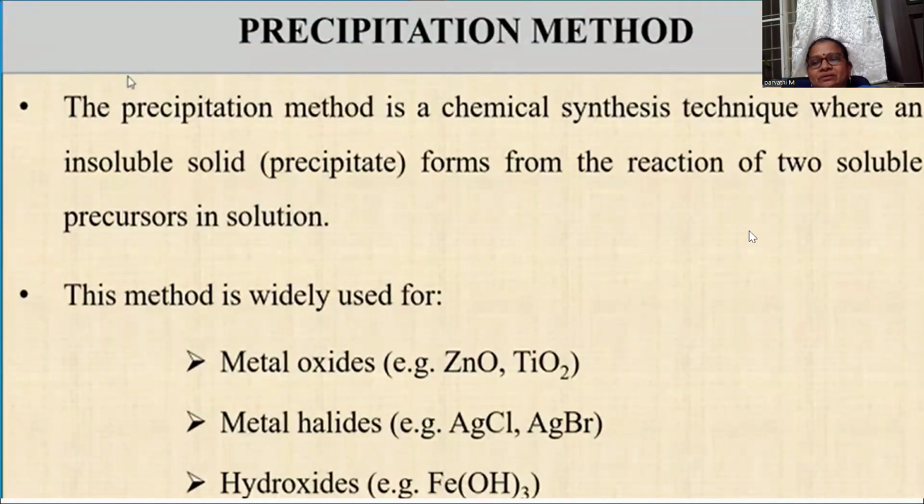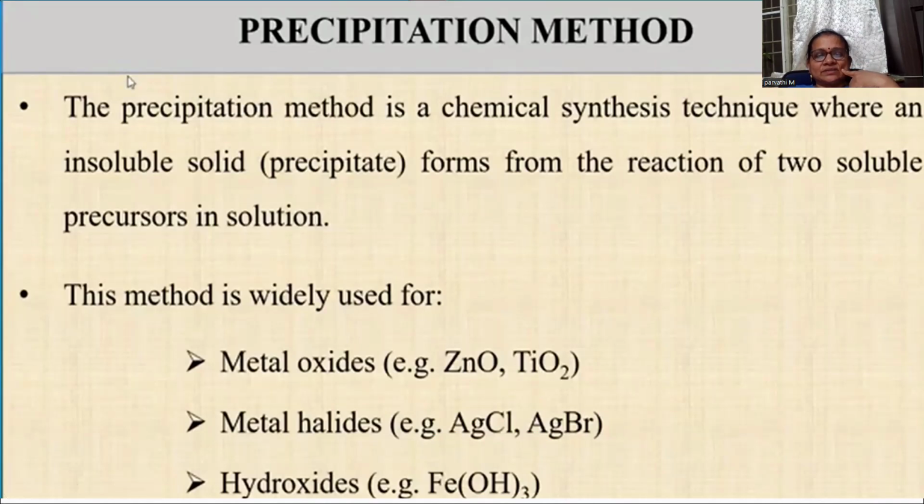So if you dip two soluble precursors in a solution, you will get a resulting solution, and the result is a precipitation. For example, metal oxides: zinc oxide and titanium oxide are formed.